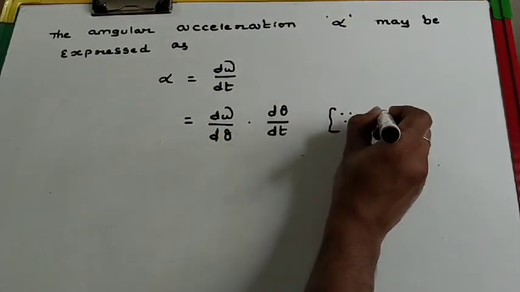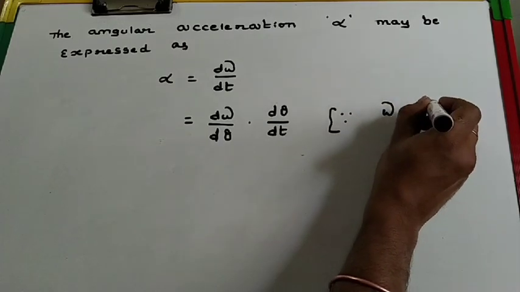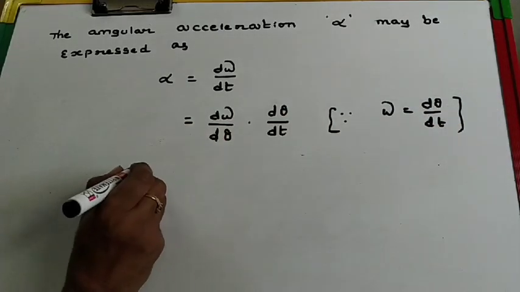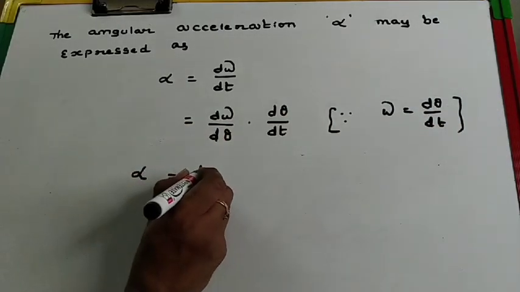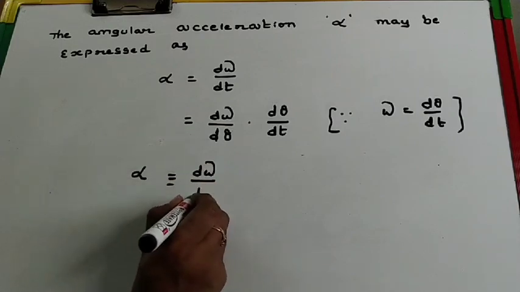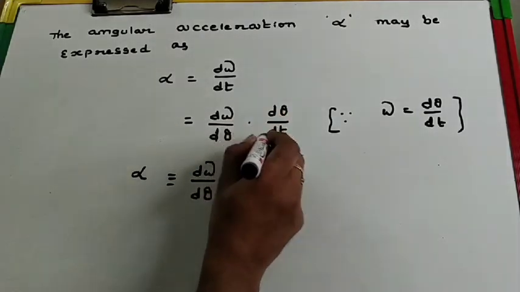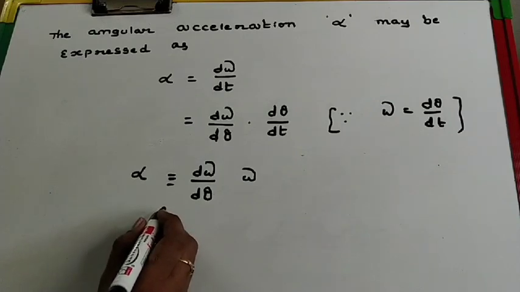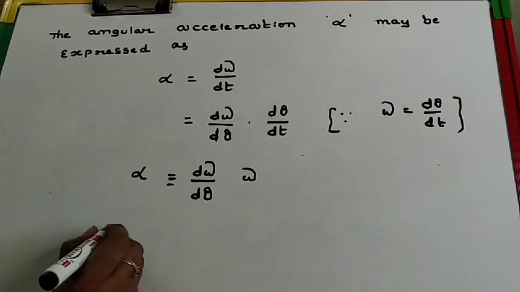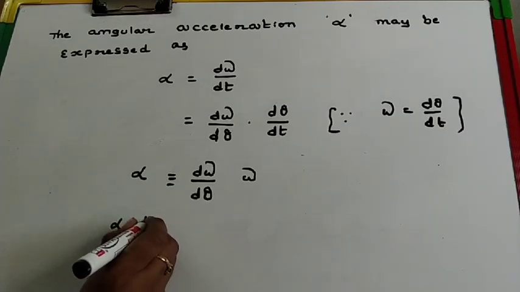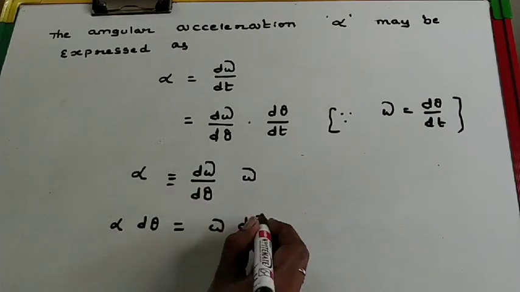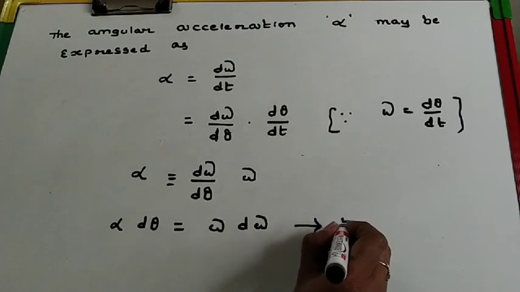Since omega is equal to d theta by dt, therefore alpha is equal to d omega by d theta into what is d theta by dt? Omega. Therefore, alpha into d theta is equal to omega into d omega. Consider this is equation number 5.